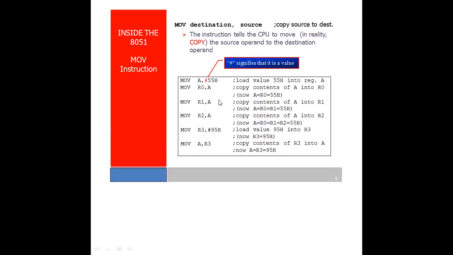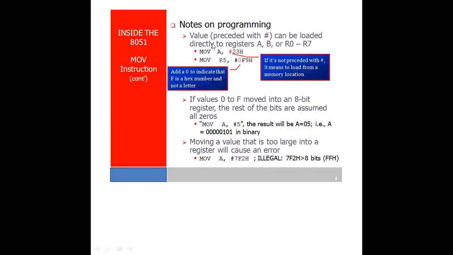Okay. In the next example, we can show you MOV A, comma, hash 23 hex. Actually, if by mistake I do not place the hash symbol, that means it will not be treated as immediate data.